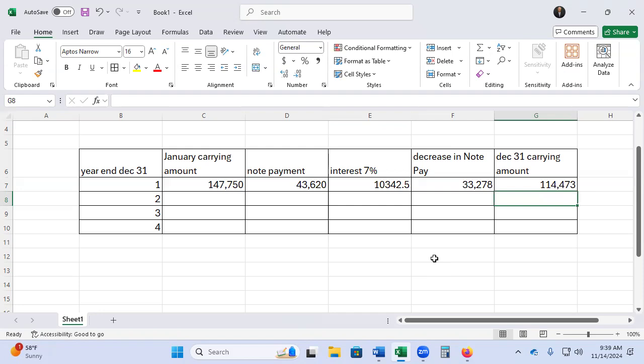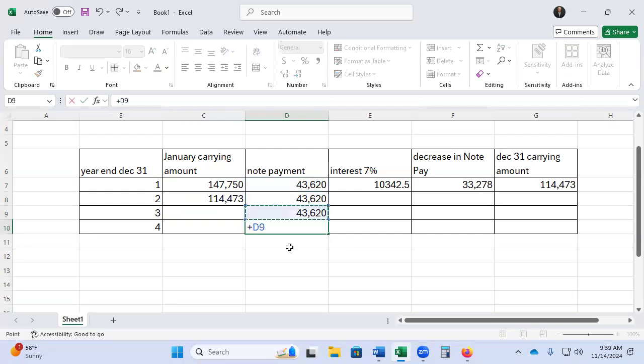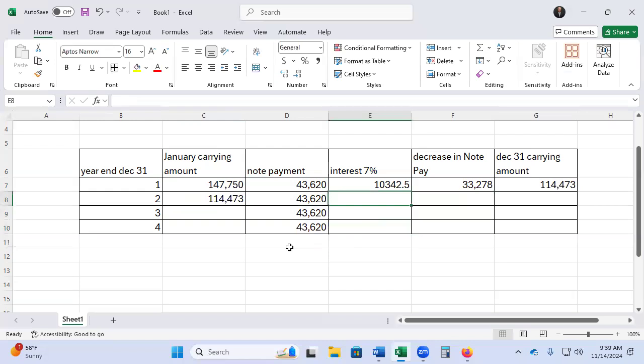Now we carry this part down from the end of last year. Our note payment is always going to be the same, and our interest is always calculated the same.